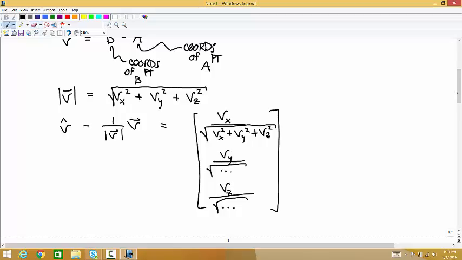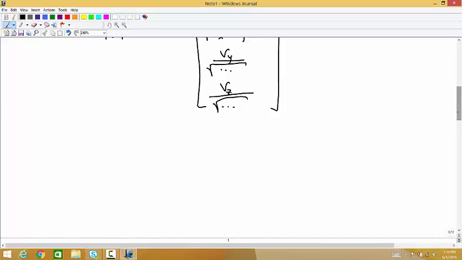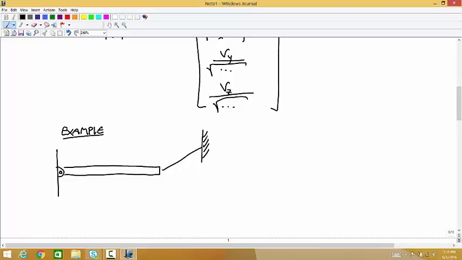So here's an example. Let's say that there's a bar connected to the wall, and in whatever coordinate system we're using, the coordinates of this point are 2.51, and the coordinates of the point where it attaches with the wall are 4.52.